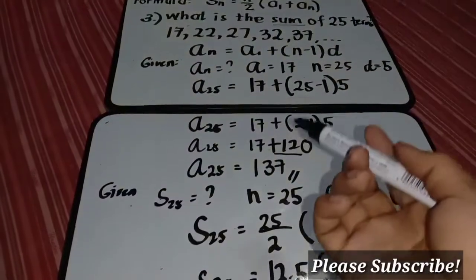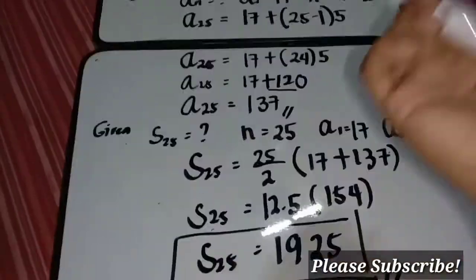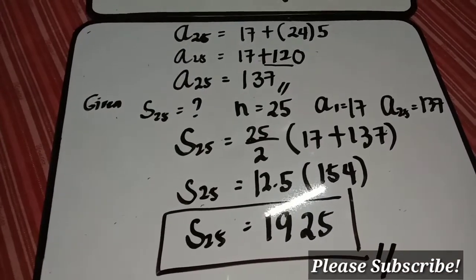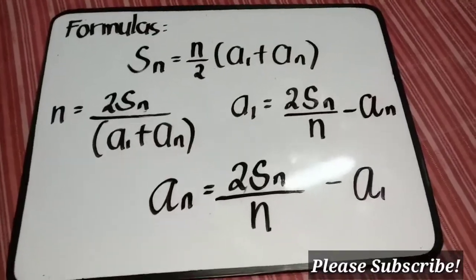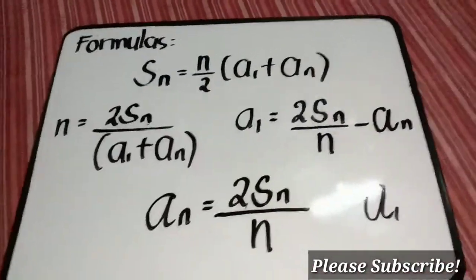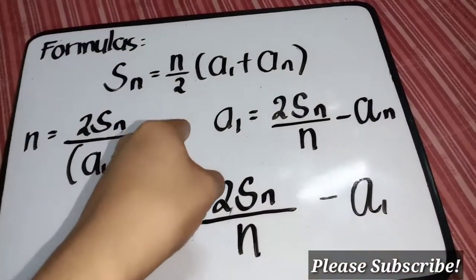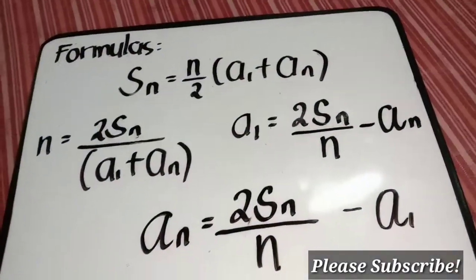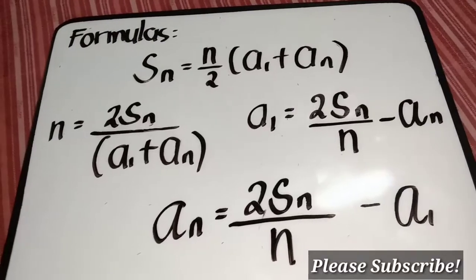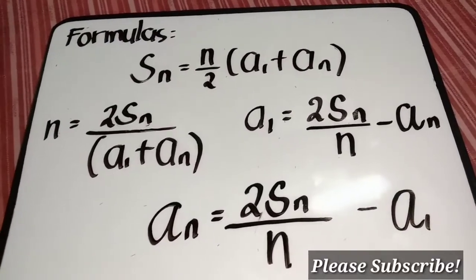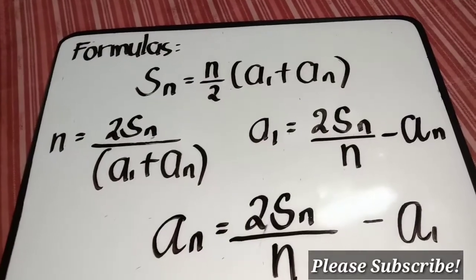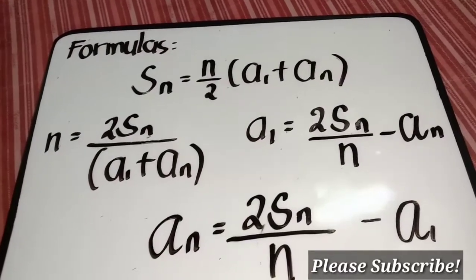Magbabalik tayo sa umpisa, sa arithmetic sequence, and then proceed sa sum ng arithmetic sequence. Okay, to sum up, the formulas of the sum of the arithmetic sequence is S sub n is equal to n over 2 times the quantity of a sub 1 plus a sub n. Kapag given yung first term and then the last term. Kapag hindi, babalik kayo sa basic ng formula ng arithmetic sequence, which is a sub n is equal to a sub 1 plus the quantity of n minus 1 times d.